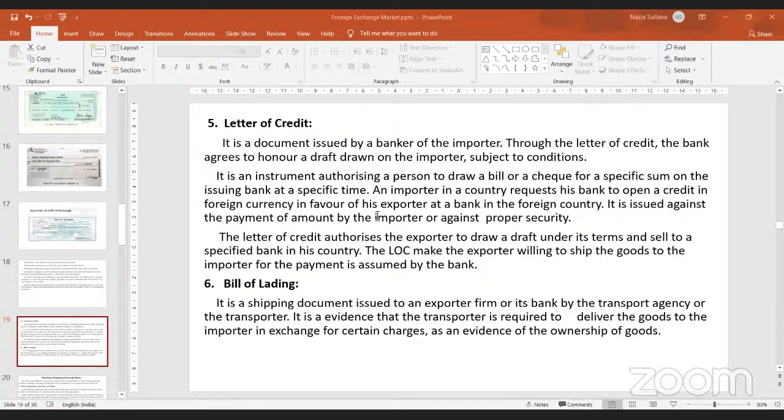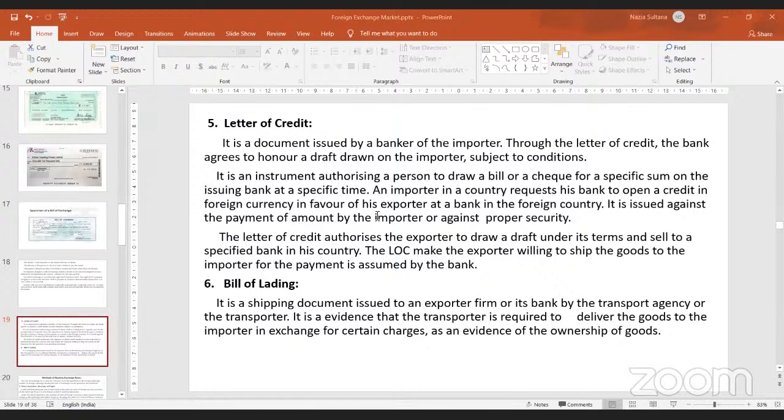I can use that particular letter of credit and show it to my exporter who would be willing to sell goods to me, and that letter of credit will authorize the exporter to draw an amount from his specific bank.